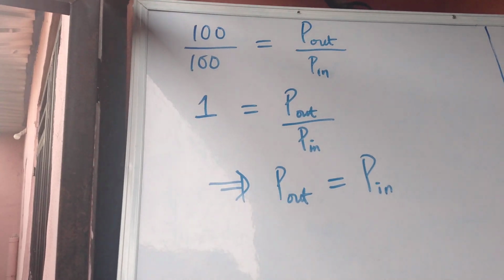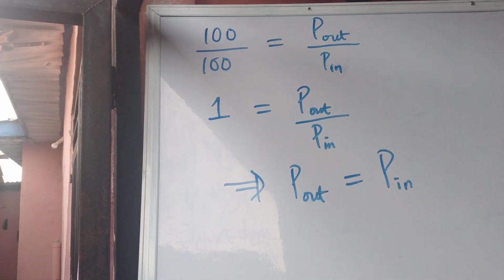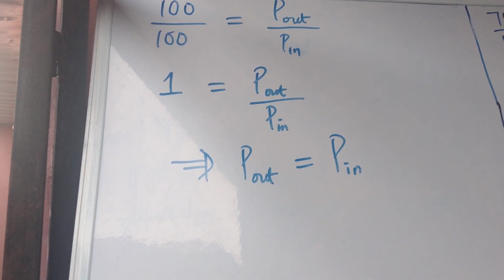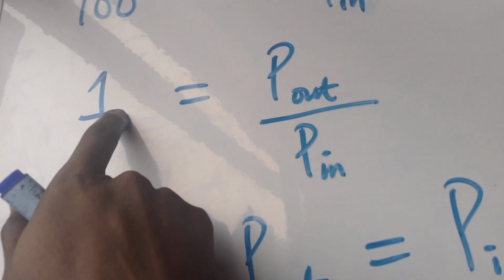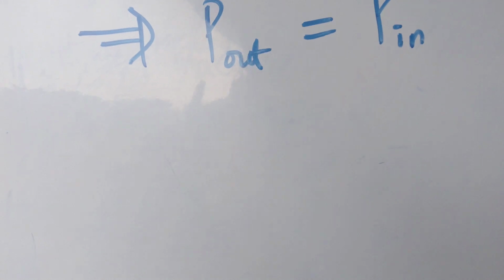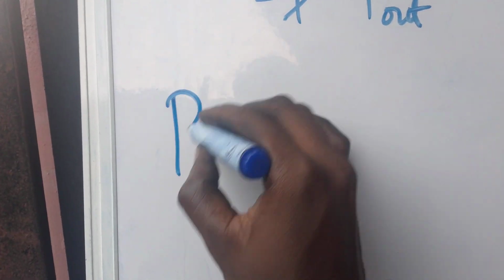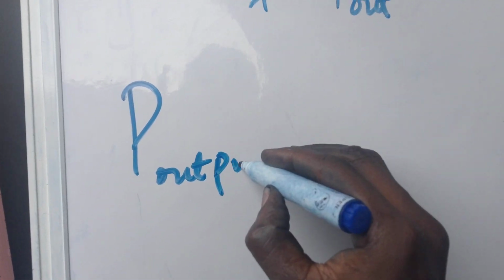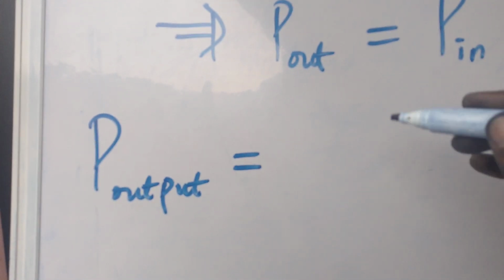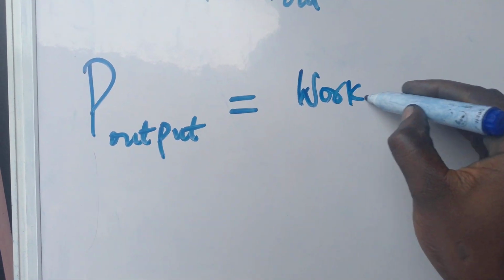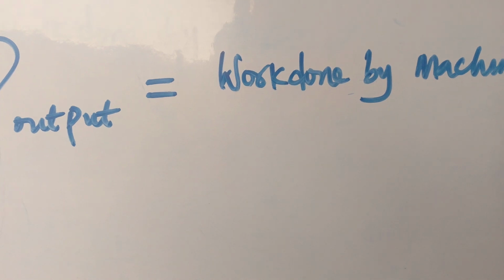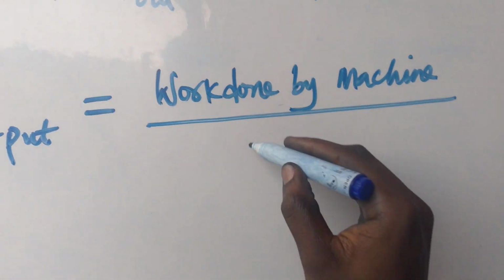Okay, so if the efficiency is 100%, that means 100 divided by 100 is 1. And that means that my power output will be equal to power input when I cross multiply. Okay, this times this, and I'll be having this linear equation, P output equals P input. Now remember that my power output is equal to the work done by machine over time.